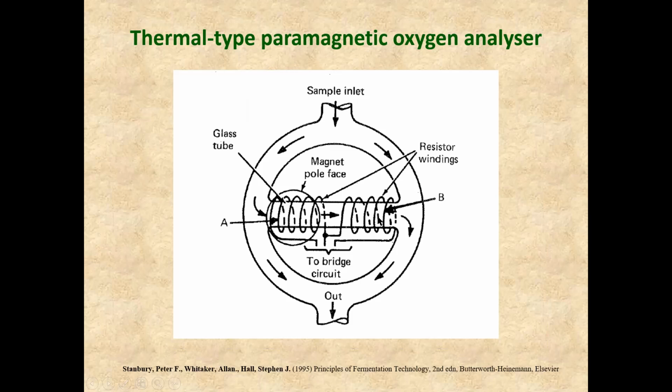And the heated oxygen loses a high proportion of its paramagnetism. Yes, the oxygen which gets heated now will lose a high proportion of its paramagnetism, and now it's no longer attracted to the magnetic field.